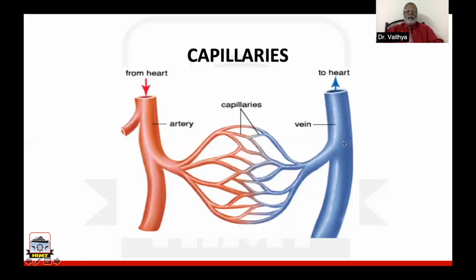Once it enters into vein, I already told you the direction of blood flow in vein is towards heart. So automatically blood goes back to heart, again absorbs oxygen, and comes out for another rotation. This is how the 4 to 6 liters of blood we have is circulated as long as the heart, the motor pump, is working.